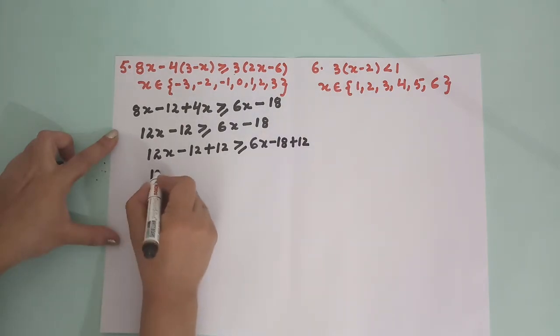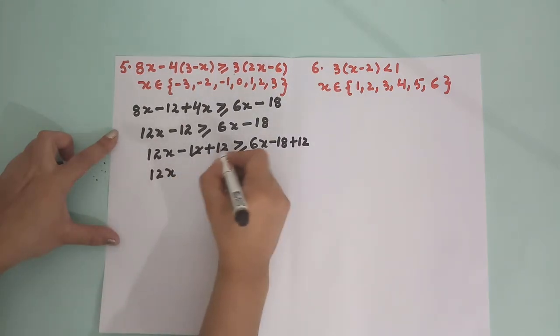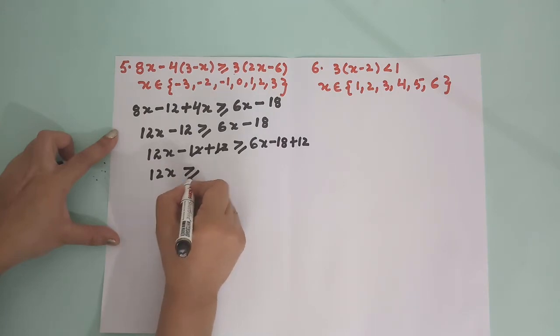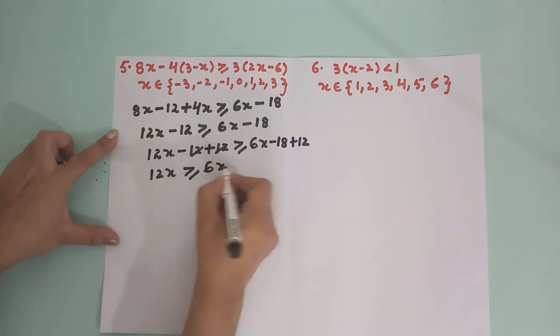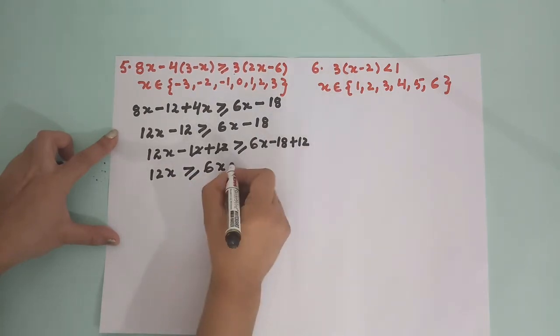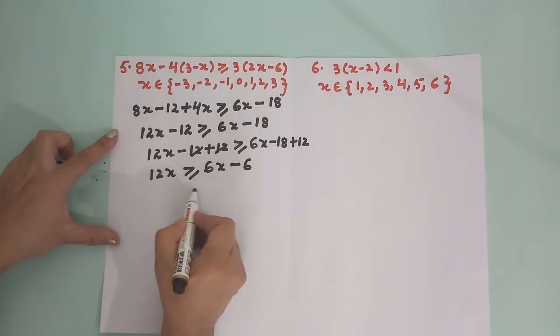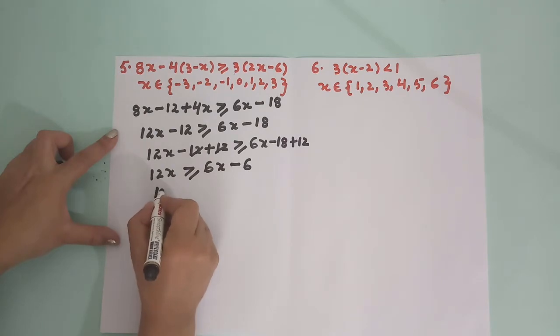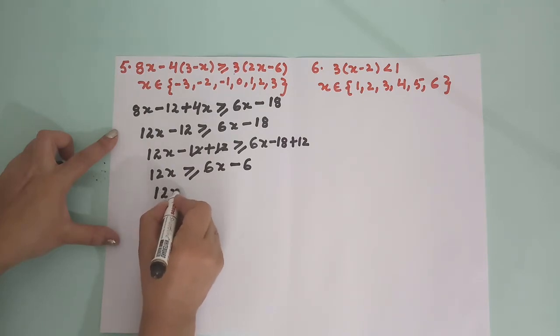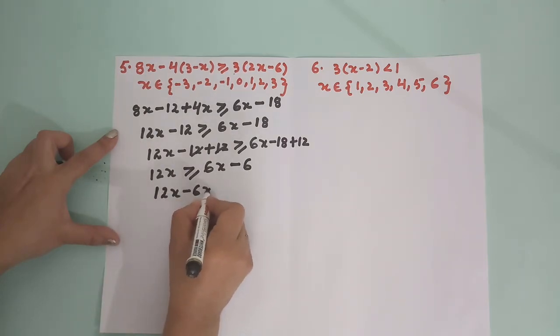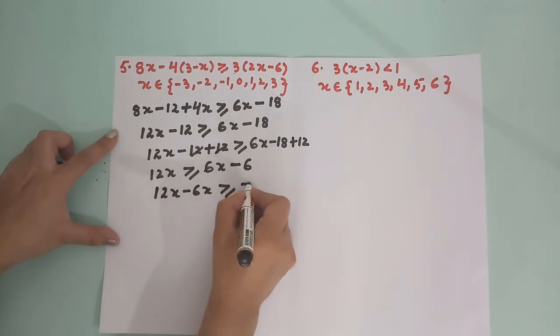Now 12x, this and this will go, is greater than or equal to 6x minus 18 plus 12, which is minus 6. Now you can shift this x term to this side so that it becomes 12x minus 6x is greater than or equal to minus 6.